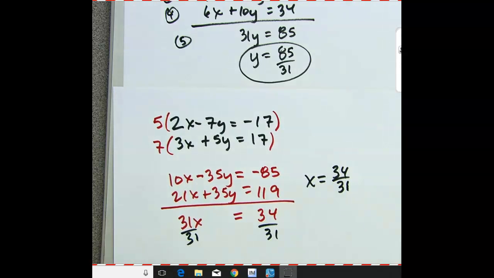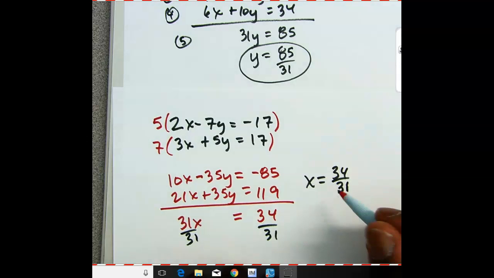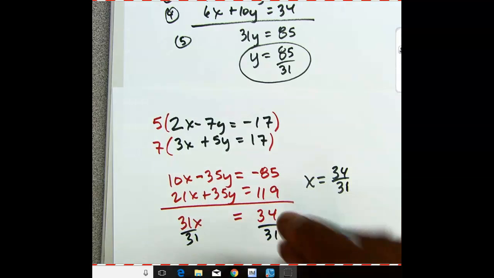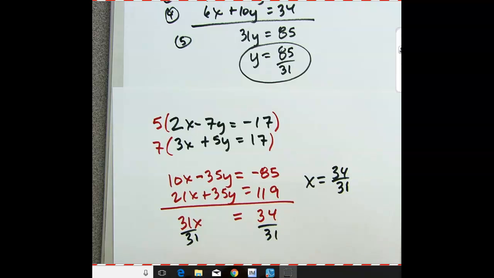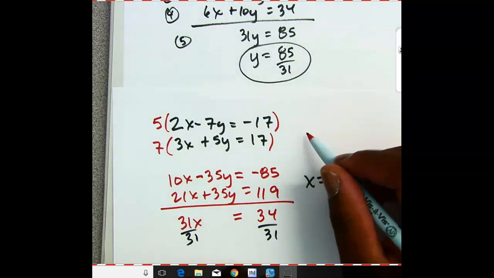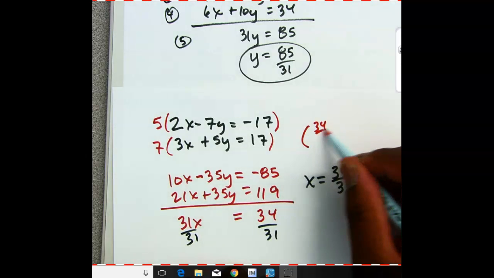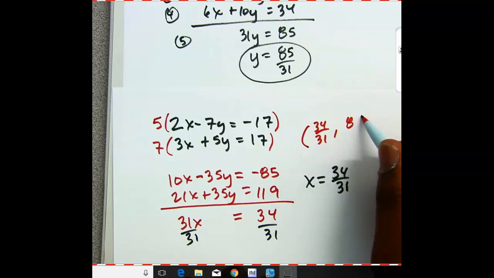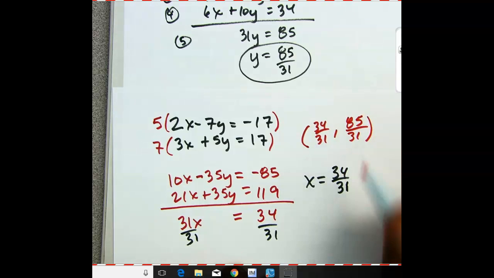Now, if you had done the substitution method, substituting the 85 over 31 back into either of those equations, eventually you might have come up with 34 over 31. But I believe in this case, because of the fractions, this might be a better alternative. So our solution set is 34 over 31 and 85 over 31.